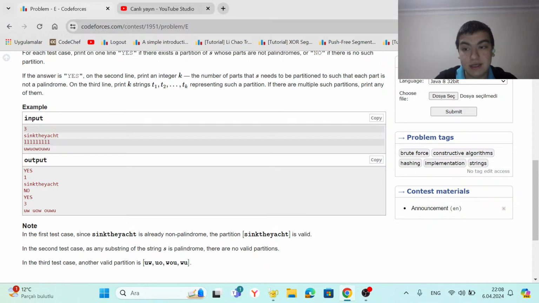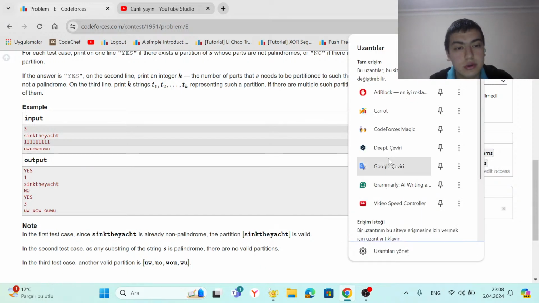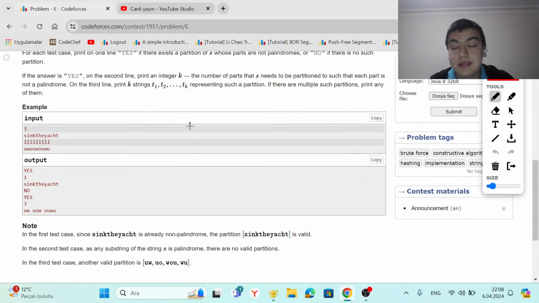If a string is a palindrome and its length is an even number, we can partition it from the middle.